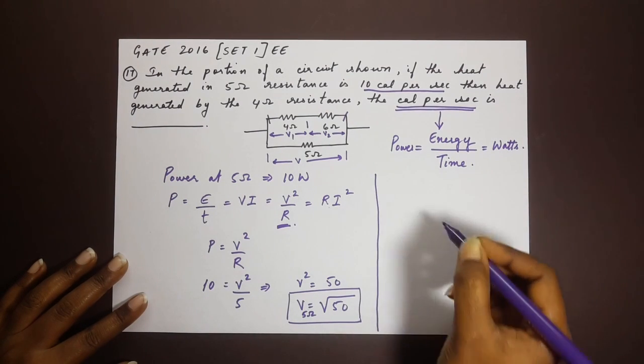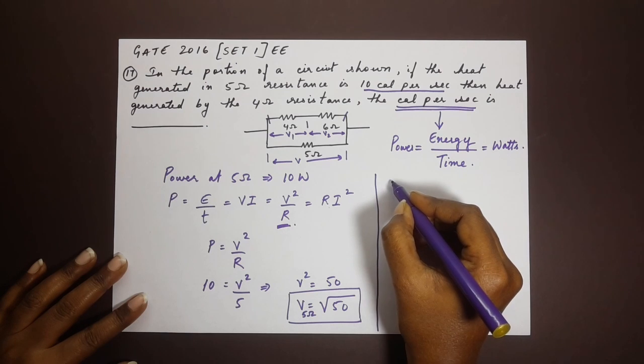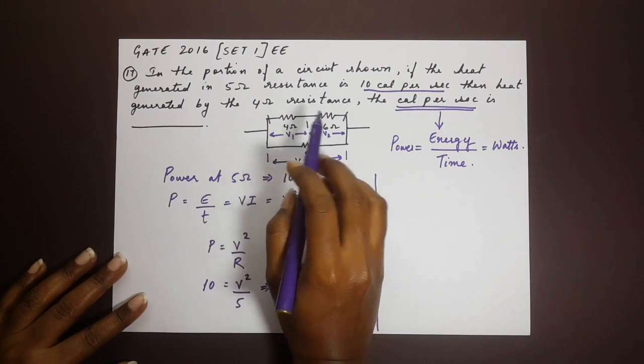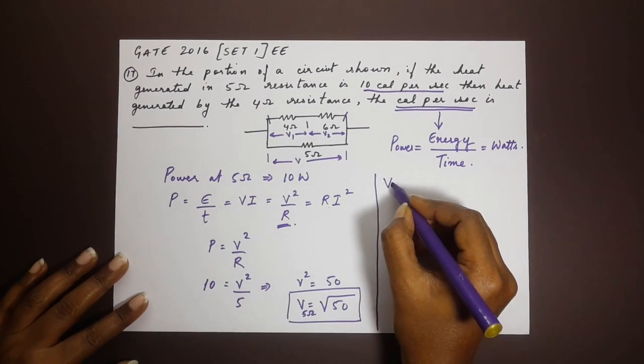So let me write this here. Okay, so we need V1. We can find V1 by using the voltage divider formula.